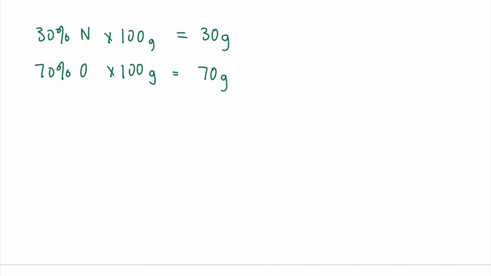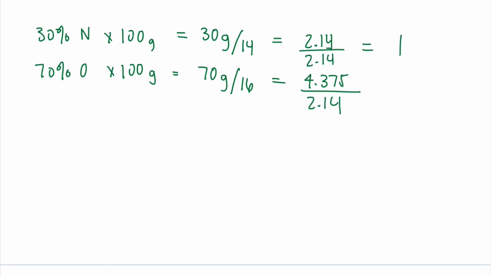And then from here, to figure out what ratio of nitrogen it is, you can divide by the molar mass of the substance, 14 and 16. Last thing to do is divide by the smallest number out of your numbers, and that will get you your ratio, N1O2. All right, see what you can do on these problems.